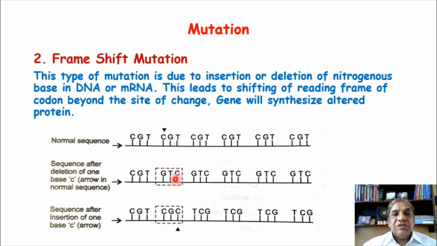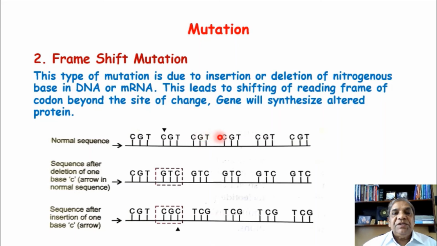So this will shift further, and because of this, now instead of that, here it will be G, T and C. That means the C of another sequence will be taken up to form the triplet code. So now the new code will be, because of the deletion of C, GTC. So this is GTC, and again if you see, this is the first base, this is second, and this will be third.